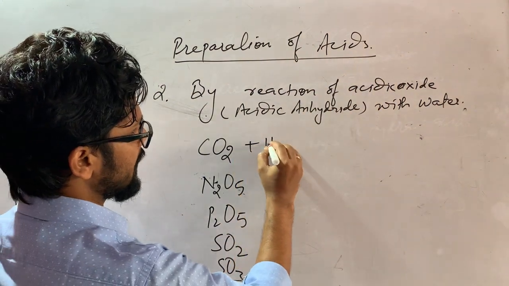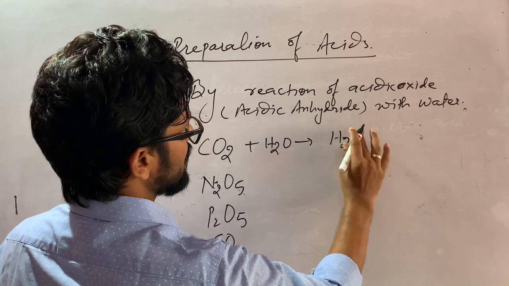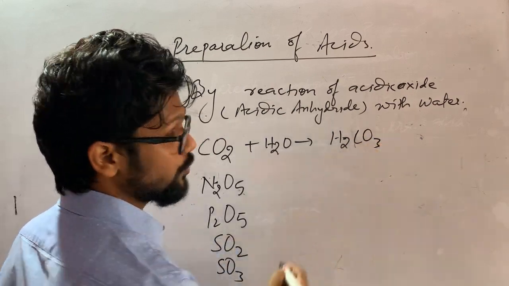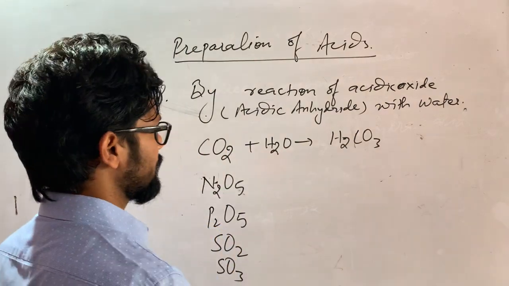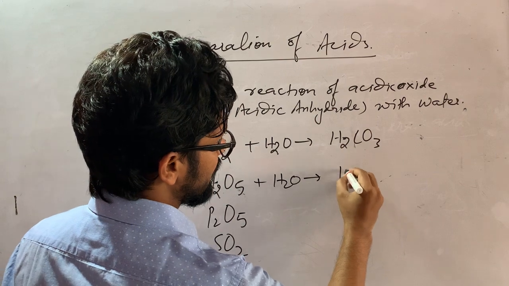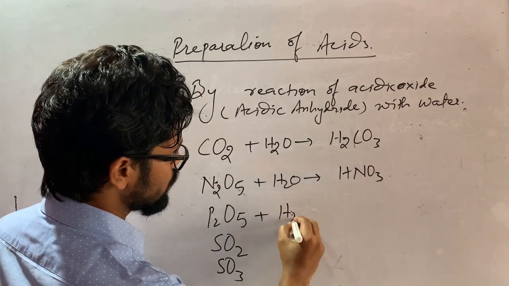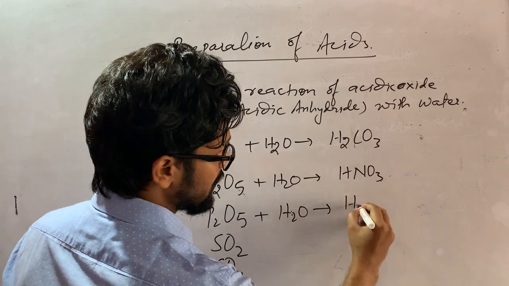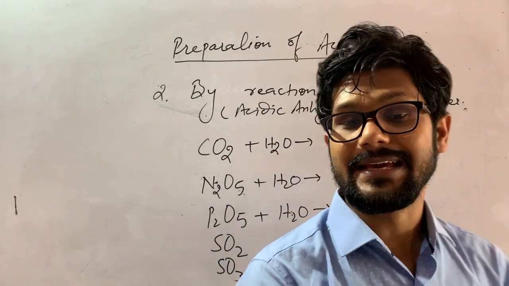When they react with water, CO2 forms H2CO3, carbonic acid, which is a weak mineral acid. With water, N2O5 will give nitric acid. Similarly, when P2O5 reacts with water, it gives H3PO4, which means phosphoric acid.